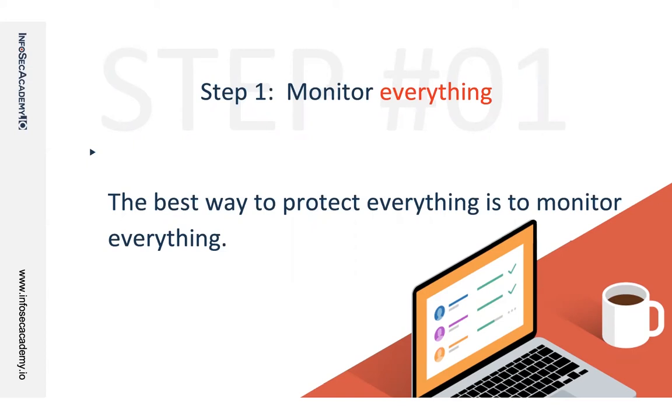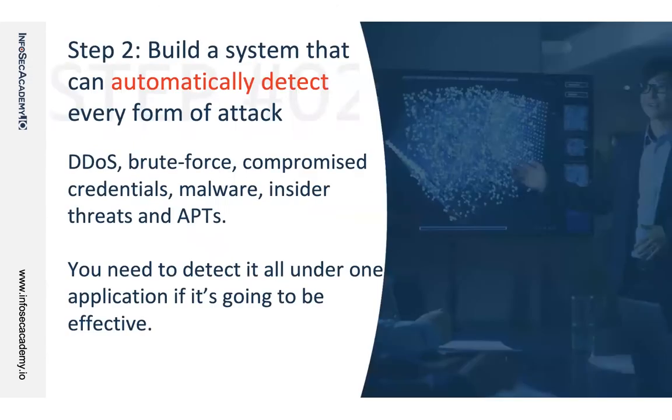So that's why you need to monitor everything. Everything should be kept track of. These are the all important audit logs, to include system audit logs, application audit logs, security audit logs, and so forth, right?